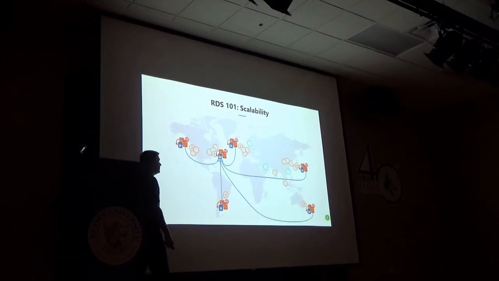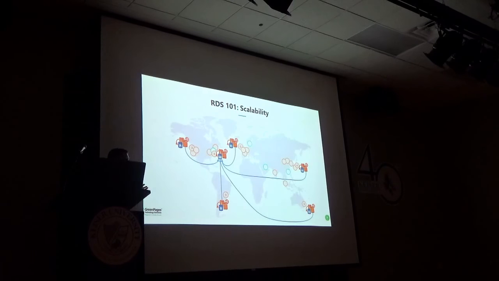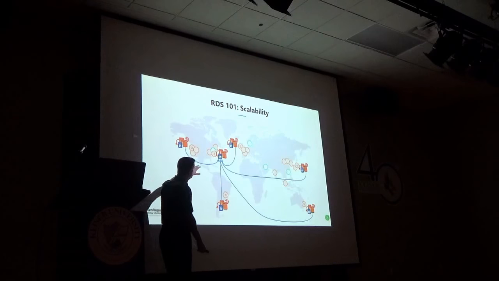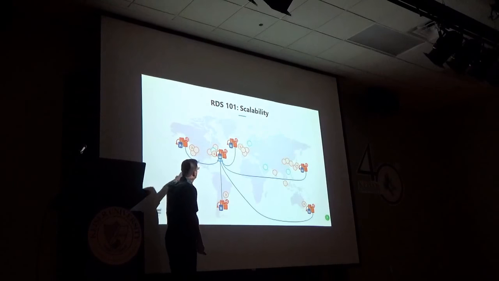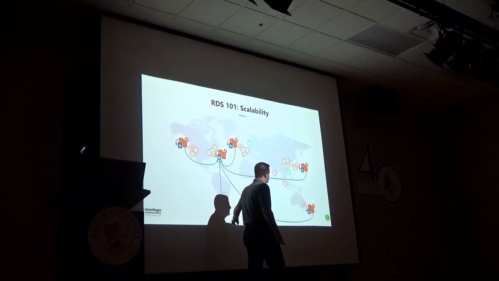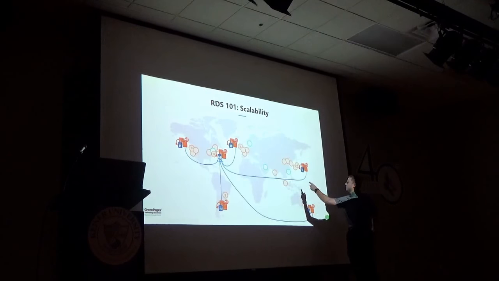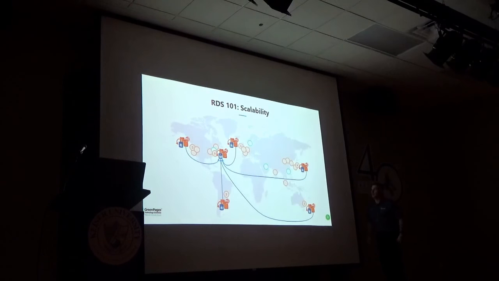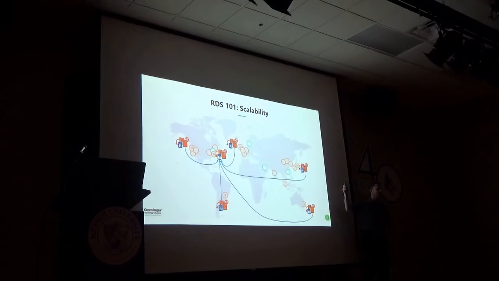I don't know if you guys can see this, but what we have is essentially our master in US East 1. We've got read replicas in Oregon, South America, Sydney, Tokyo, and Ireland. And they're all reading locally but writing globally.